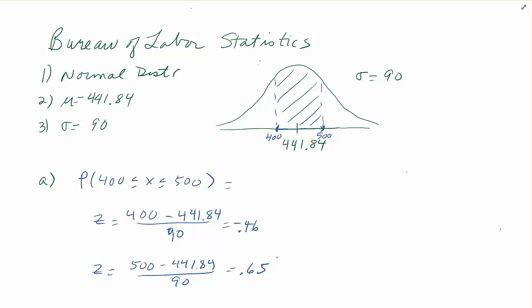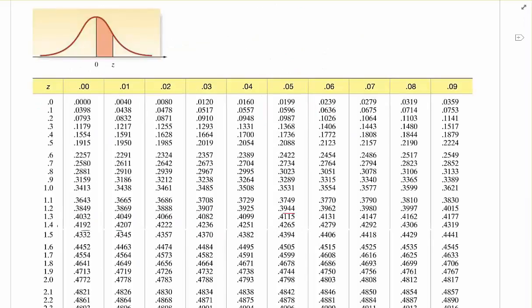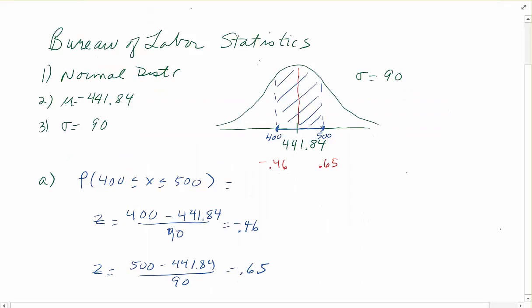Alrighty, now let's go to the table, for this negative 0.46 and a positive 0.65. Let's look up the 0.65. So 0.65 is 0.6 plus 0.05. So it's 0.2422.